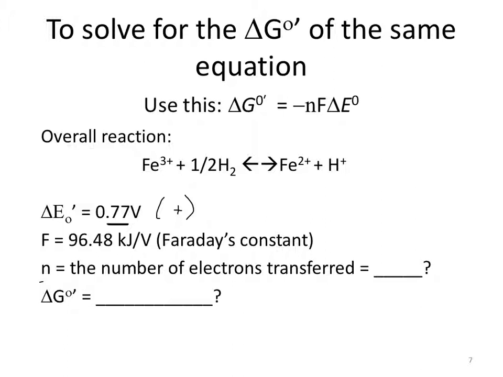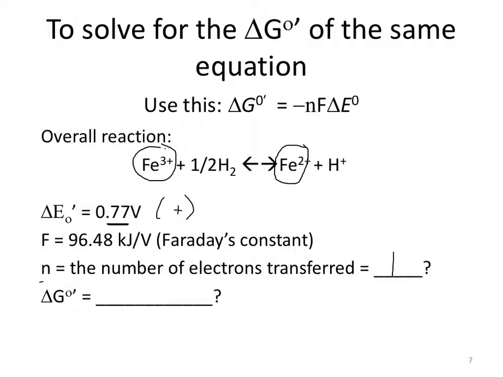N is the number of electrons transferred. So what is that in this case? We can answer that pretty simply here because we've got a reaction involving ions, so we can just focus on the iron. We've got Fe3+ being converted to Fe2+. If you're going from 3+ to 2+, N in this case is 1. That's a one electron transfer.